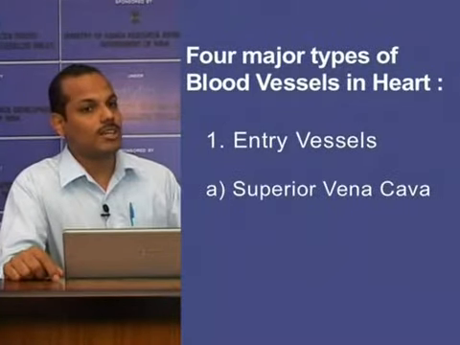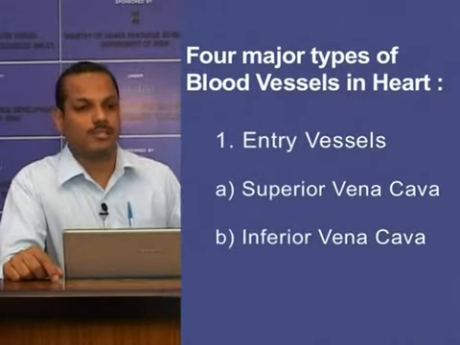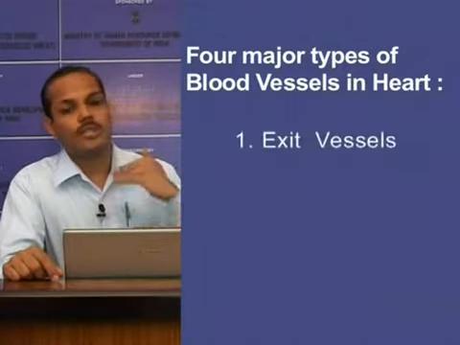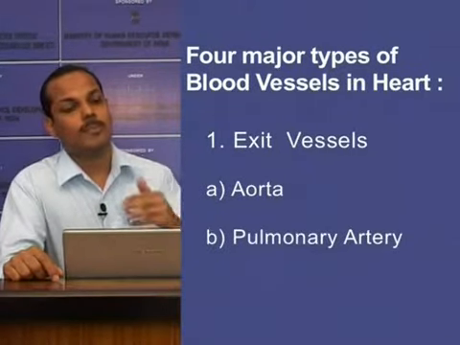Now, there are four major vessels. There is the superior vena cava and the inferior vena cava. These are the entry vessels. The exit vessels are the aorta and pulmonary trunk. Then there are four pulmonary veins, but we cannot consider them as major vessels. They are also entry vessels. So, the heart, in overview, consists of four chambers, four valves, four vessels.